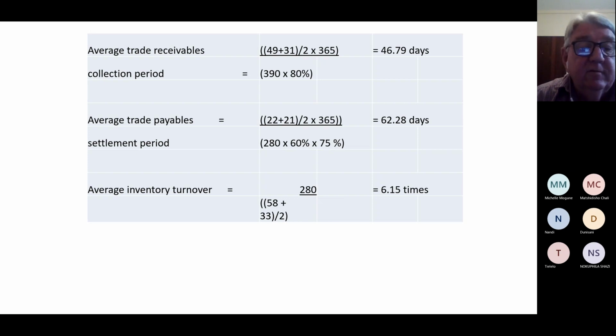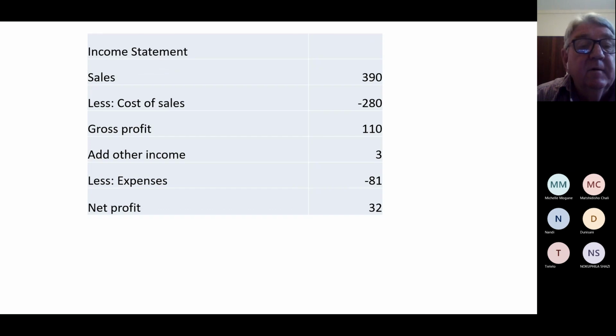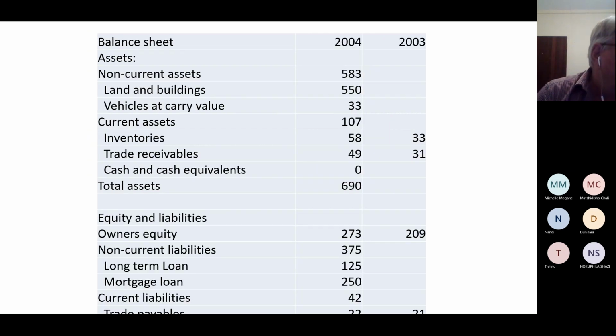So what you have to do is go to your cost of sales on your income statement. There's my cost of sales, 280. I'm first going to take 60% of that, because that is purchases. And then of that 60%, I'm going to take 75%, which is on credit.